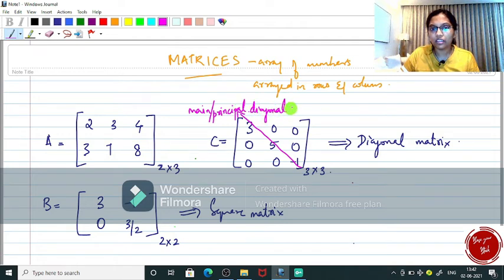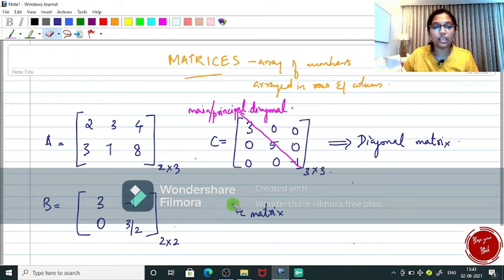We know that there are 2 diagonals for a square, but when we talk about the diagonal of a matrix, it is just the principal diagonal of the matrix. Okay. And that's it. So types of matrix, matrix number 1, square matrix. This is the general matrix, this is square matrix, and this is the diagonal matrix.